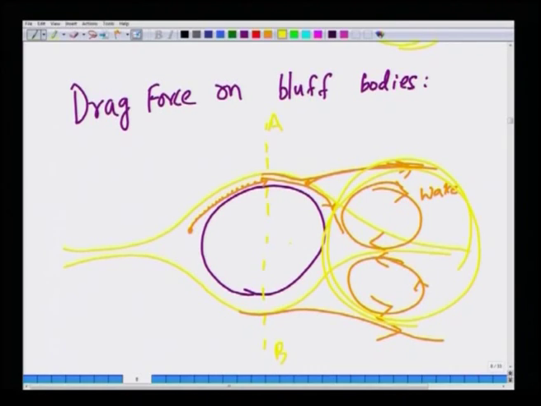And what is important is that now the force on the object is dominated not just by the skin friction, which is due to the shear stresses in the boundary layer, but also by the difference between the pressure on the fore and aft side, and that imbalance in pressure causes a huge contribution to the drag force, that is called the form drag.